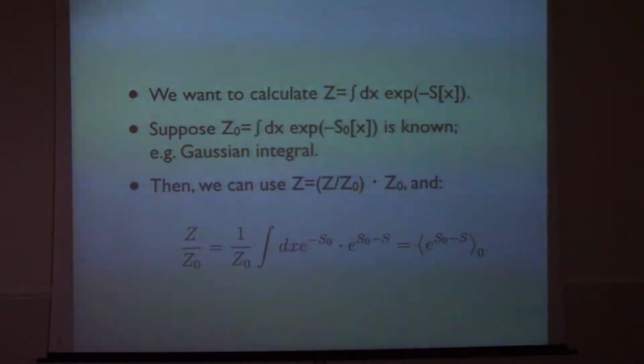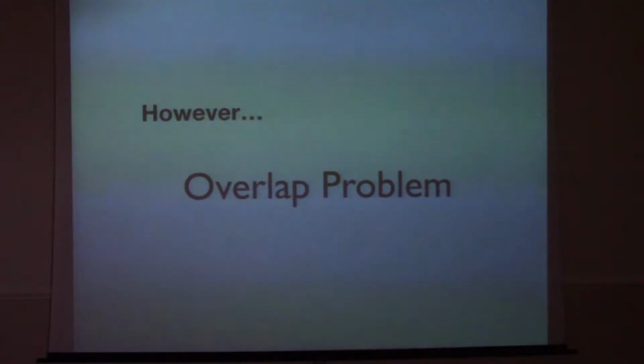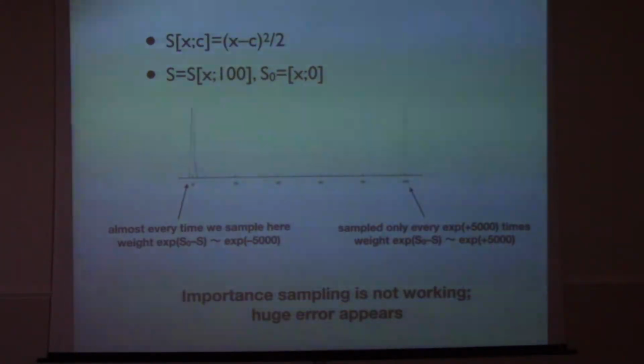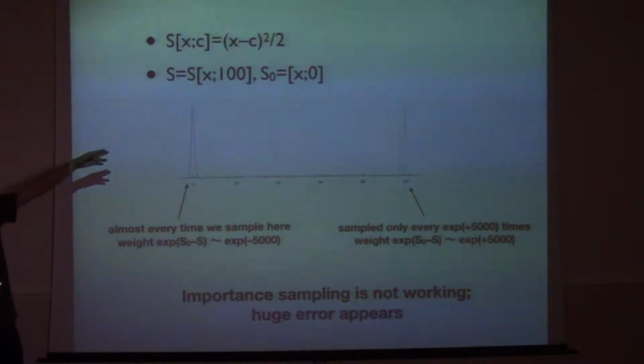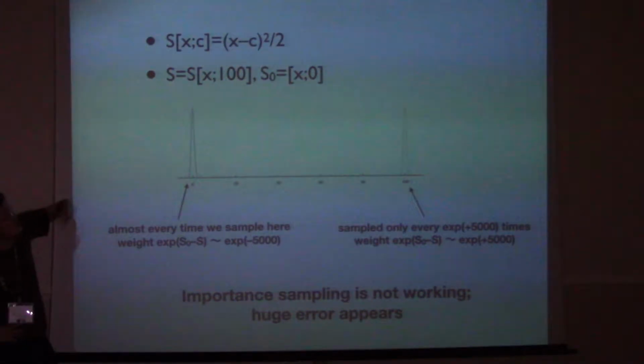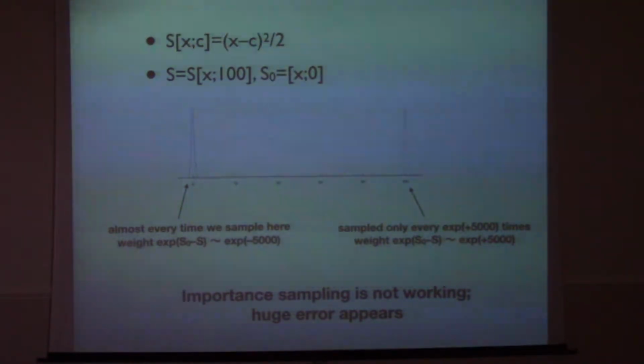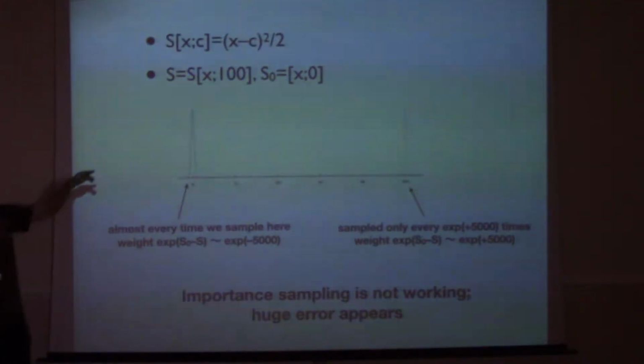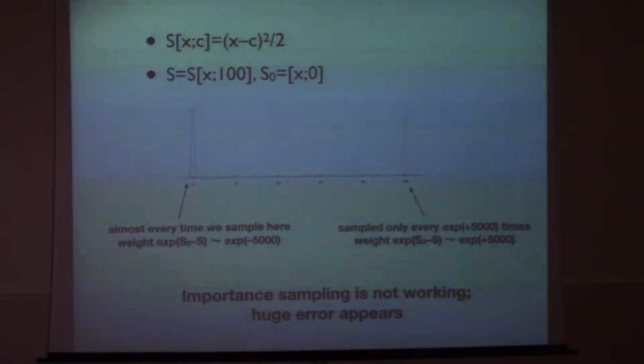However, this in principle always works, but there is a so-called overlap problem. For example, imagine S is x minus c squared over 2, and take S0 to be x squared over 2, but take S to be x minus 100 squared over 2.